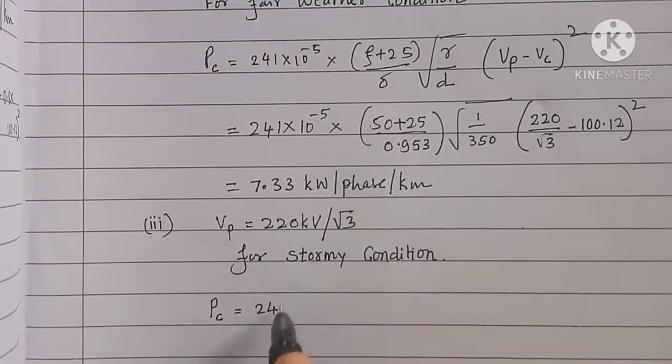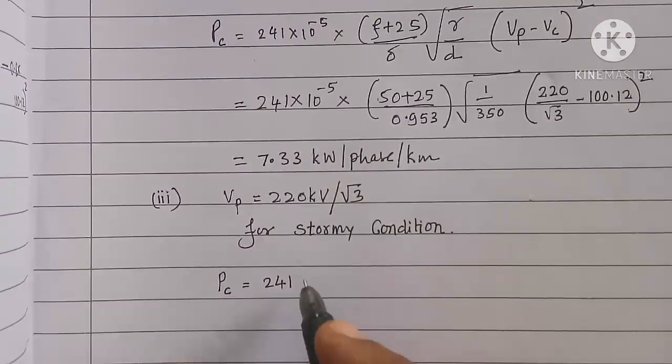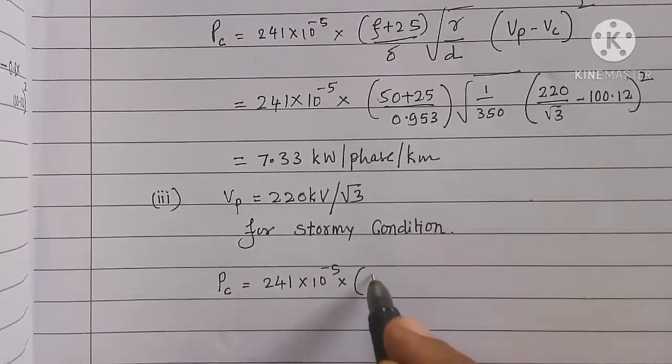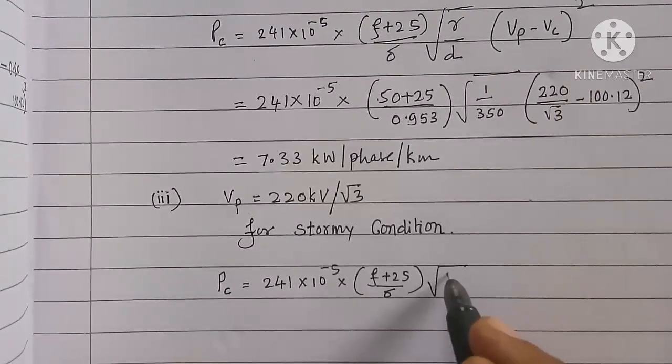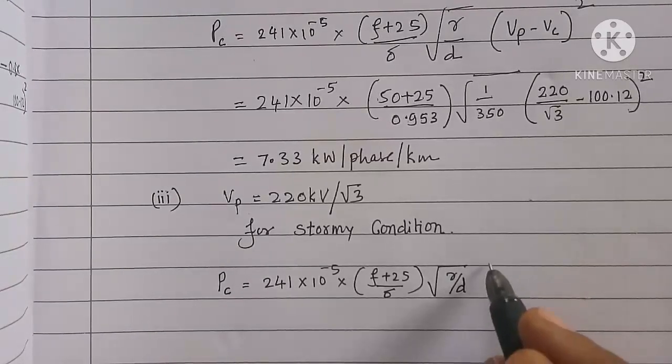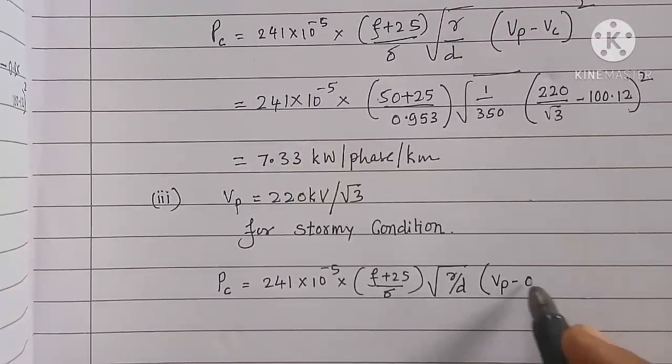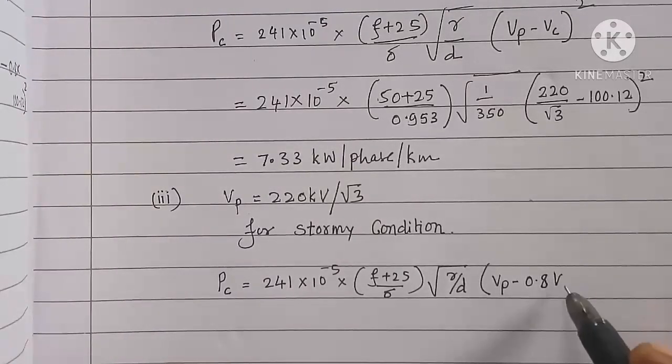Pc is equal to 241 into 10 raised to minus 5 into F plus 25 by delta under root R by D into Vp minus 0.8 Vc whole square.